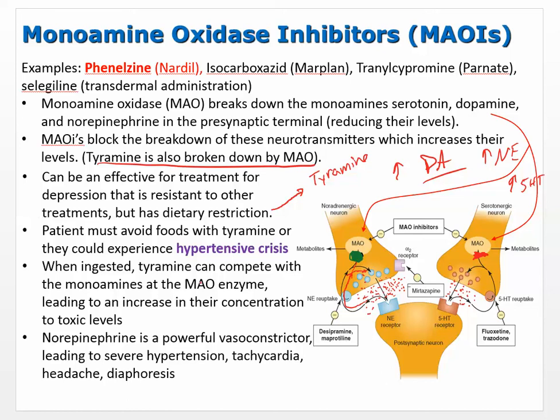So you end up with hypertensive crisis. When ingested, tyramine can compete with the monoamines at the MAO enzyme, leading to an increase in their concentration to toxic levels. Norepinephrine is the problem. It is a powerful vasoconstrictor leading to severe hypertension, tachycardia, and of course headache, diaphoresis. The big problem is the hypertensive crisis.